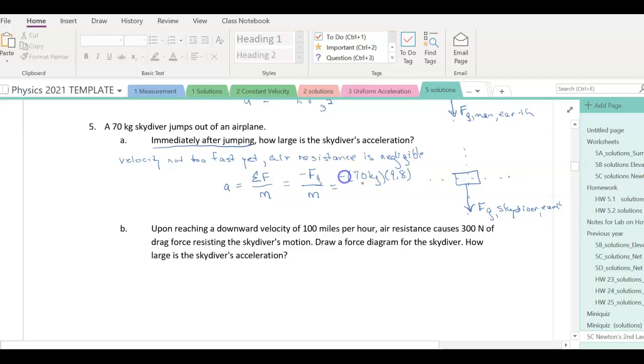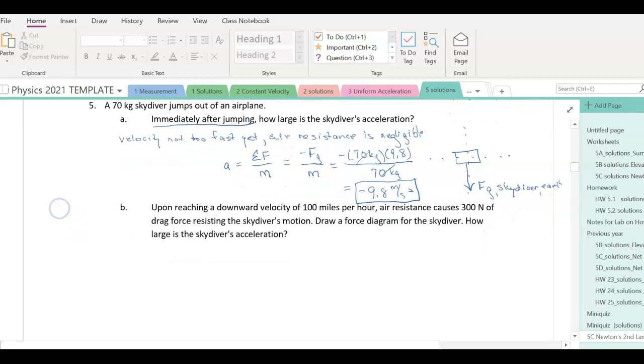Of course this force is pointing down, so I'm going to put a negative sign. The mass is 70 kilograms. So look at this, it's going to be negative 9.8 meters per second squared. So in free fall, we've learned before, acceleration is the acceleration due to gravity, which is negative 9.8.